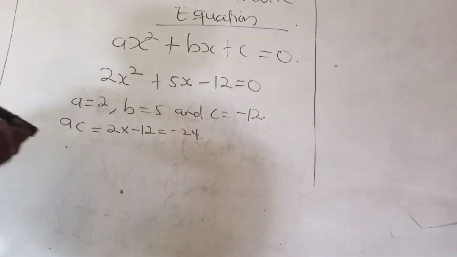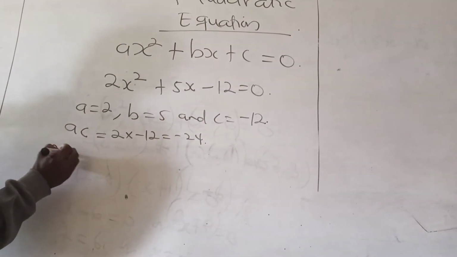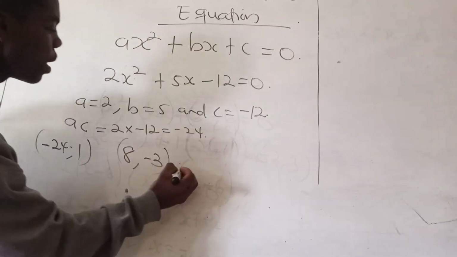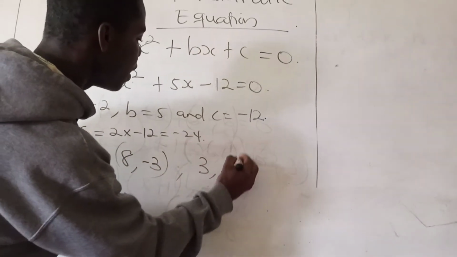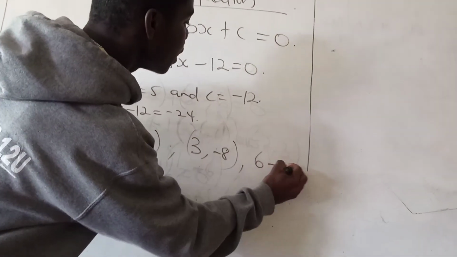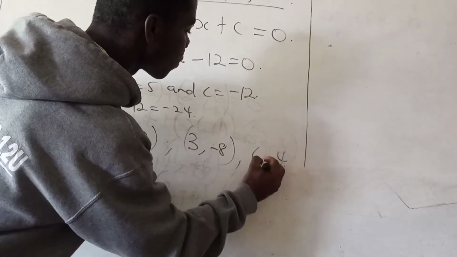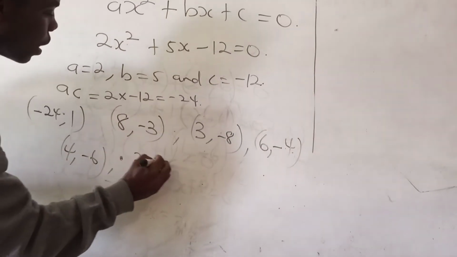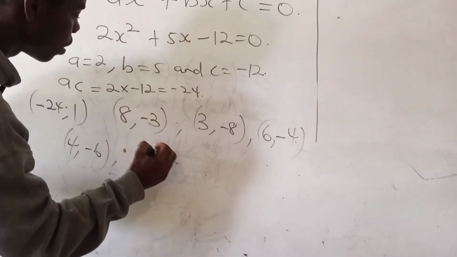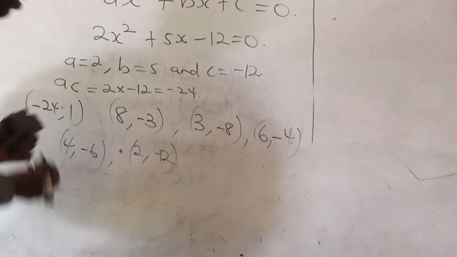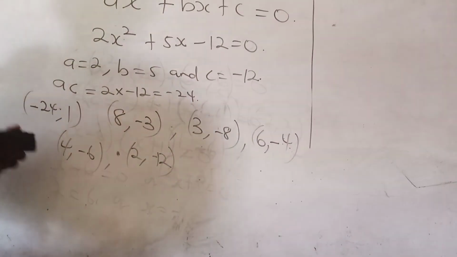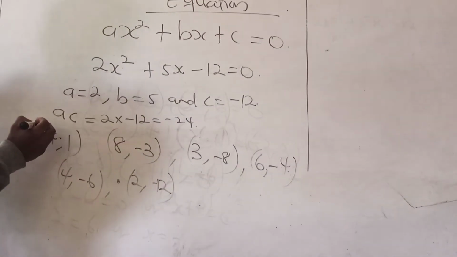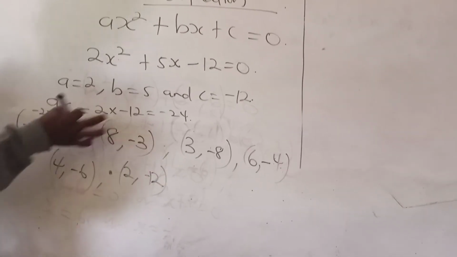The factors are negative 24 and 1, 8 and negative 3, 3 and negative 8, 6 and negative 4, 4 and negative 6, 2 and negative 12, and also negative 2 and 12. From this pair you get negative 23, so it doesn't fall within that range.